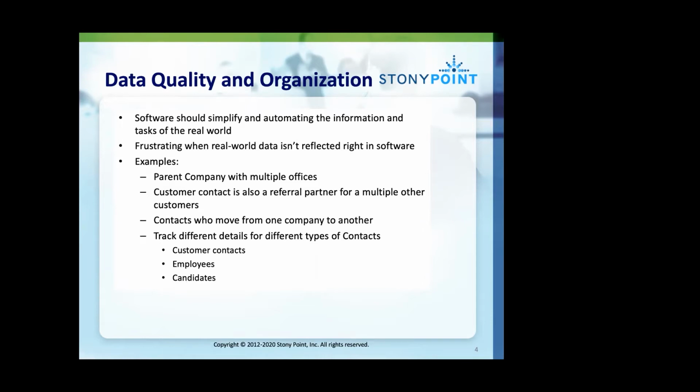How much are they willing to travel? What salary are they looking to make? We don't need to keep track of that with our customers. It's a completely different set of information. There's no reason to have all of those details on every contact record. So we'll split those up, and even though they're all contacts, they're going to have different sets of information. And those are record types.